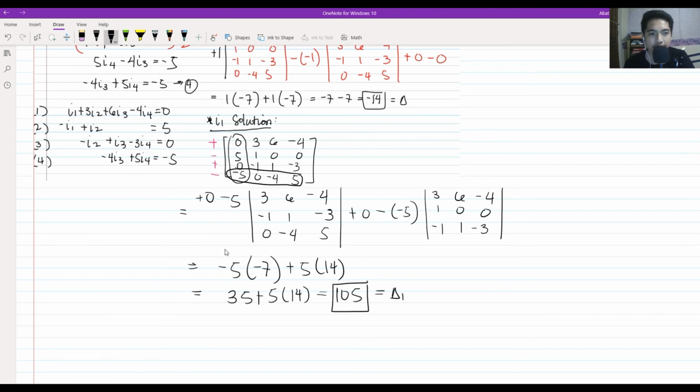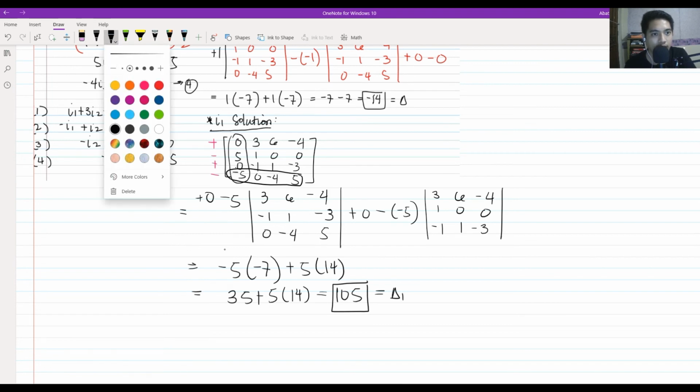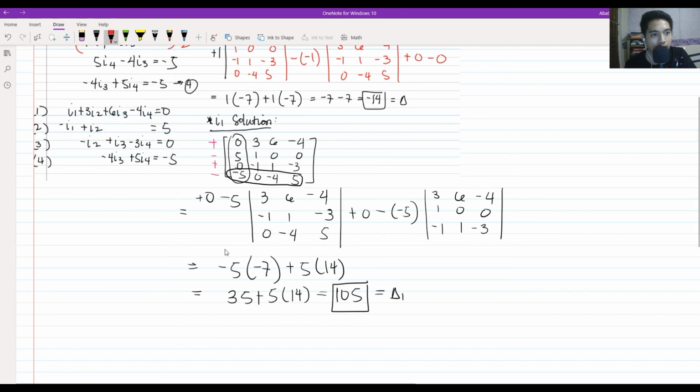So to get I sub 1 using the same formula, I sub 1 should be delta sub 1 all over delta, of which our delta sub 1 would be 105 all over delta, which is negative 14, and the answer should be negative 7.5 amperes. Voila, we already got I sub 1. Still, we have 3 more unknowns to go.